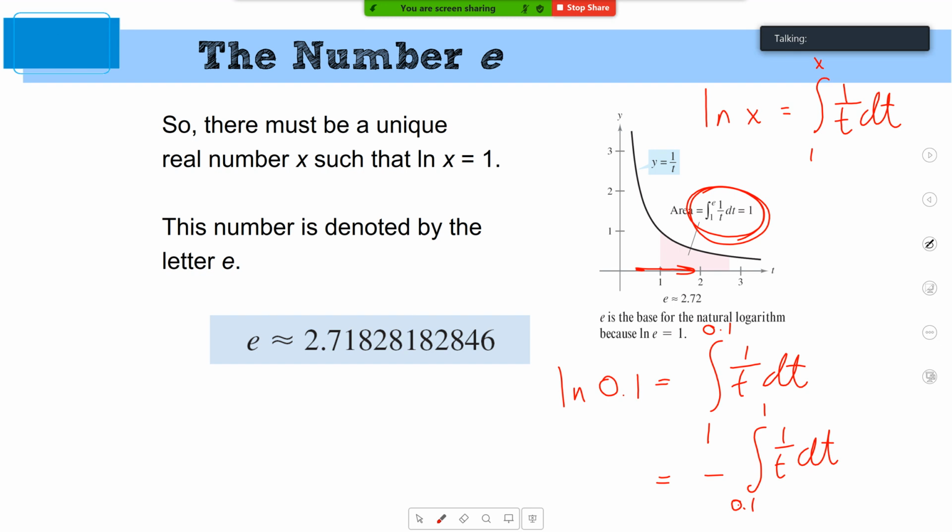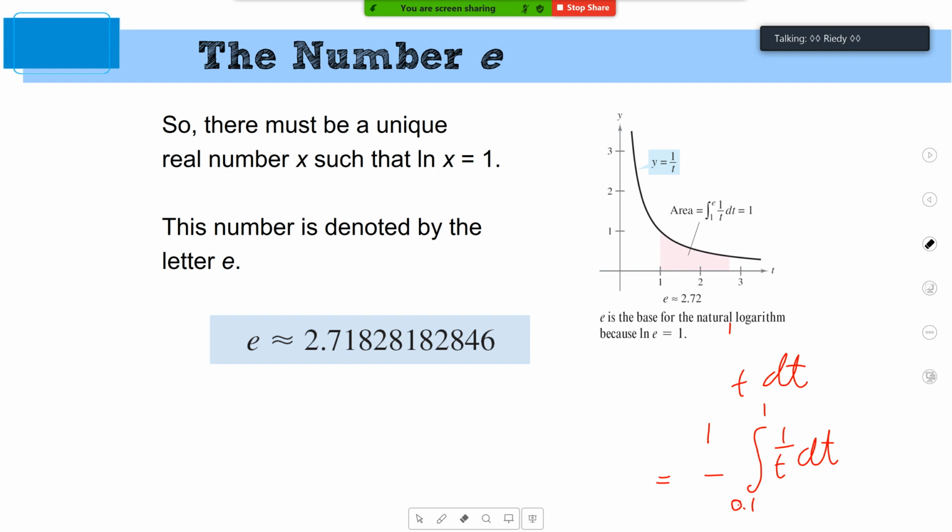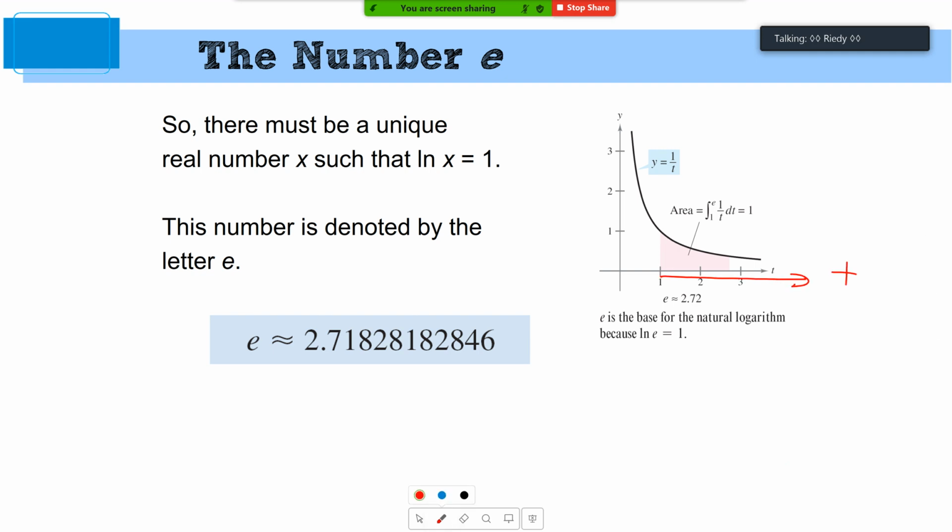So that means if you take the natural log of a number between 1 and infinity, we'll get a positive value. However, if you take the natural log of a number between 1 and 0, that's going to be negative. And remember, we can't go to the left of 0 because there are no values there.